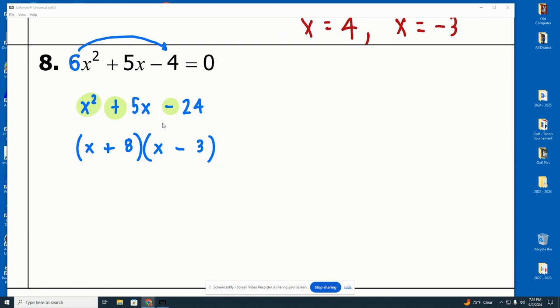So almost done. We also have to remember to come back under. And if it will reduce, we reduce it. You see, 8 over 6 reduces to 4 over 3. And then 3 over 6 reduces to 1 over 2. Now, when we had a couple like this in our notes, remember, we're not factoring.